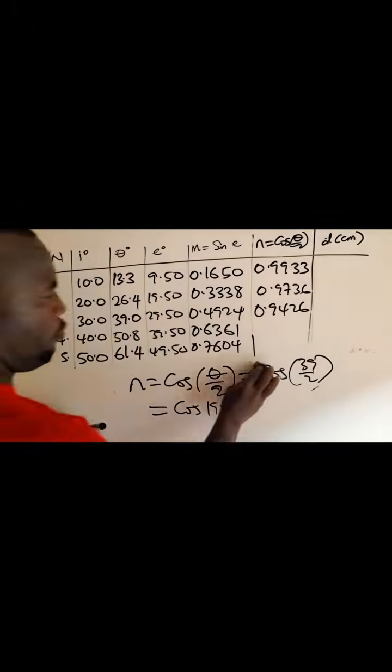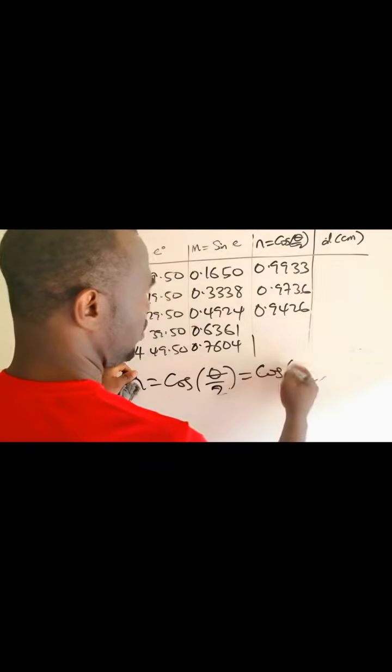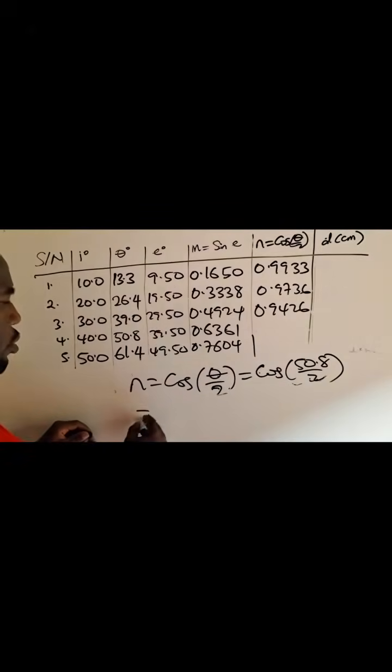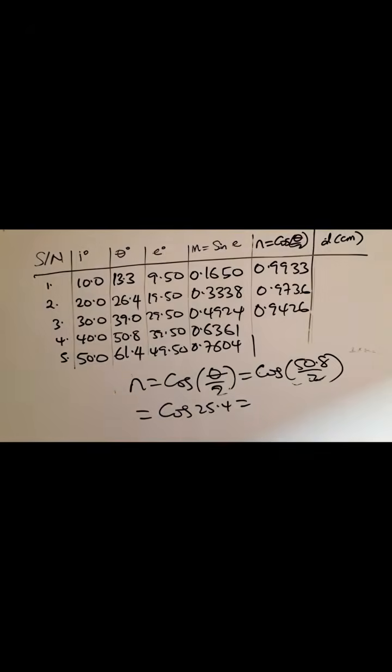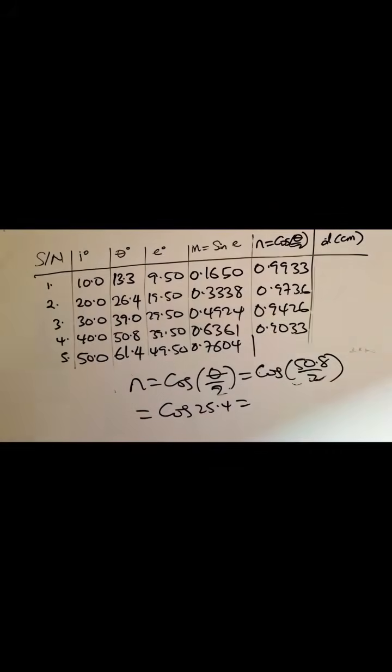Then for the fourth row, our theta is 50.8. 50.8 over 2 gives us cos 25.4. When we do that, that gives us 0.9033. Then we go to the fifth row.